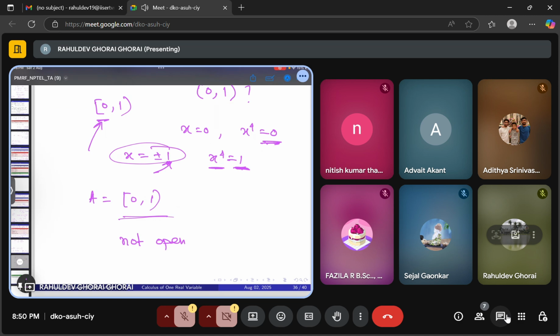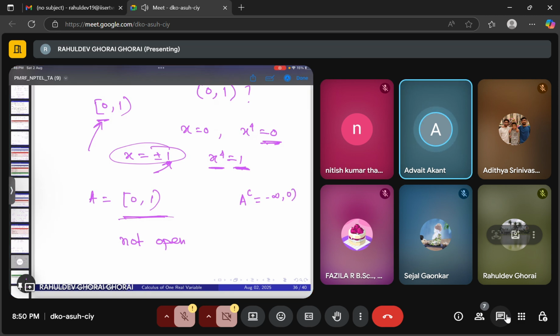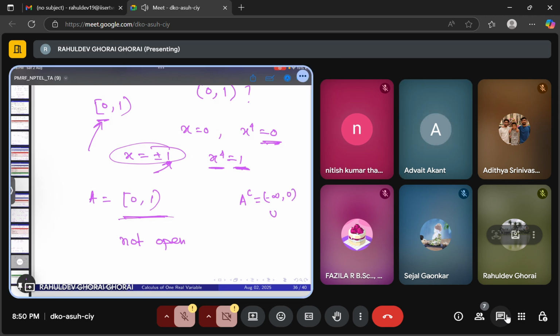Because what is the closed definition? I said closed means the complement should be open. A complement is what? Minus infinity to 0 union 1 to infinity, right?